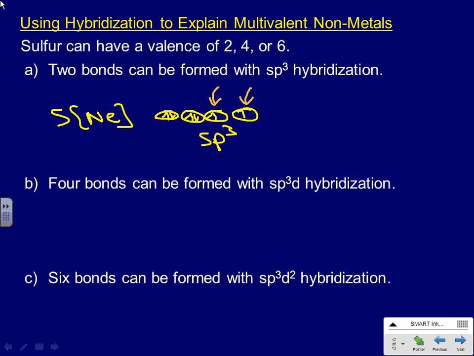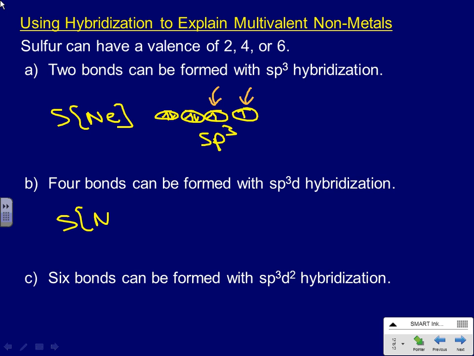It can form 2 bonds. Therefore, it has a valence of 2. It can share away those 2 electrons. Depends on the electronegativity, whether it has more control or it's giving them away.